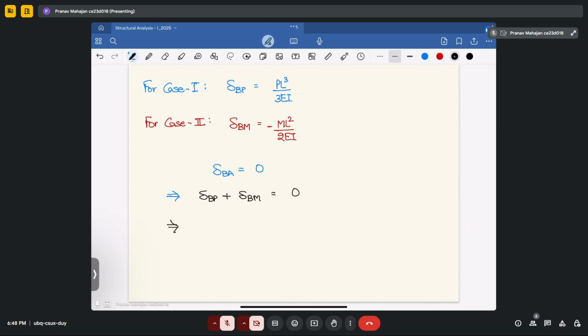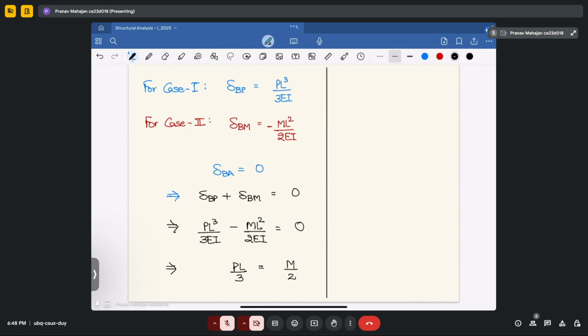Now substitute the value of delta BP. You will get PL cube upon 3EI minus ML square upon 2EI to be equal to 0.